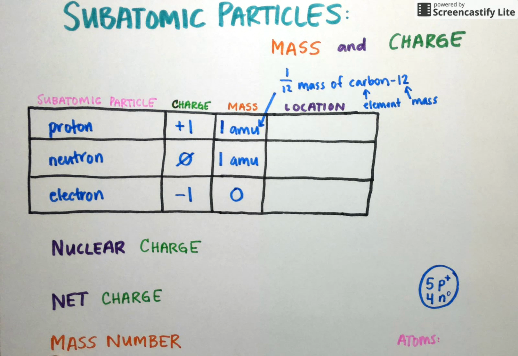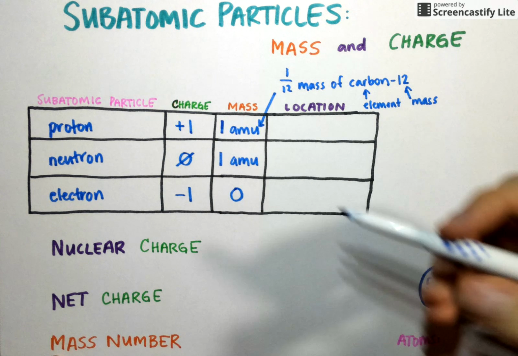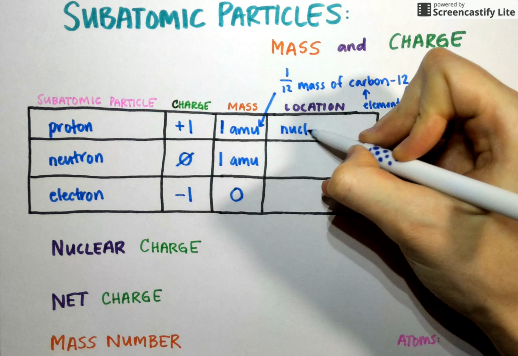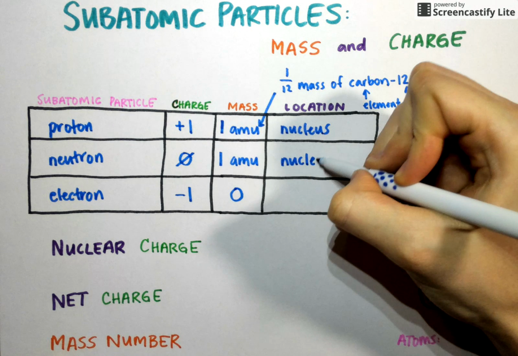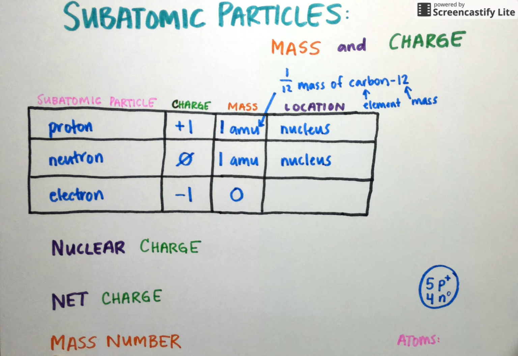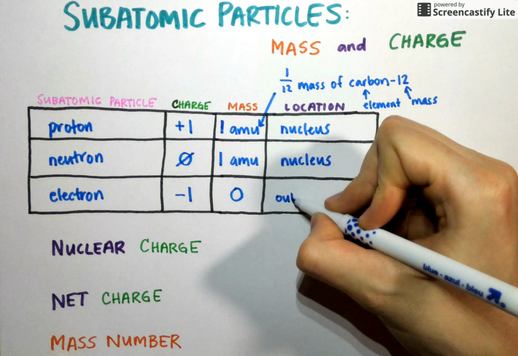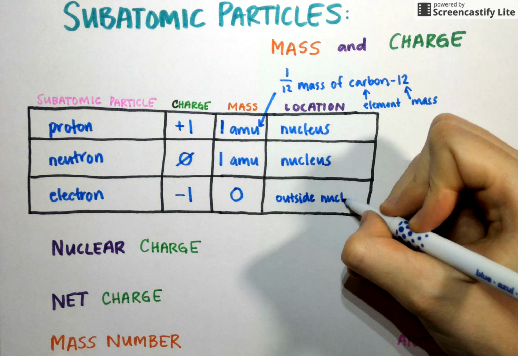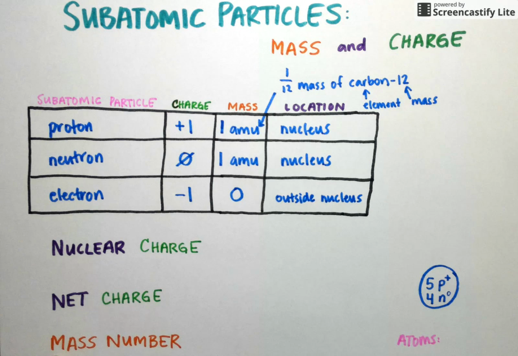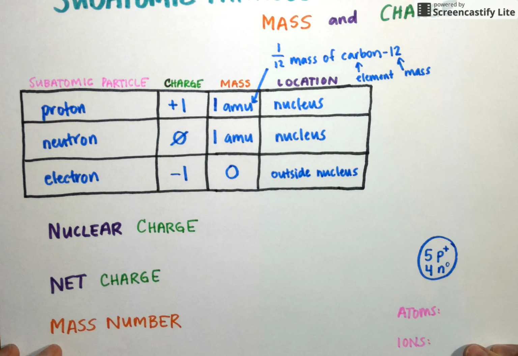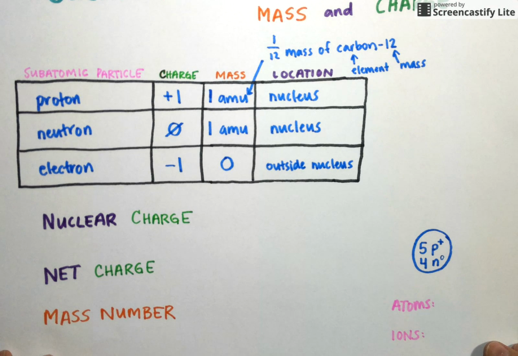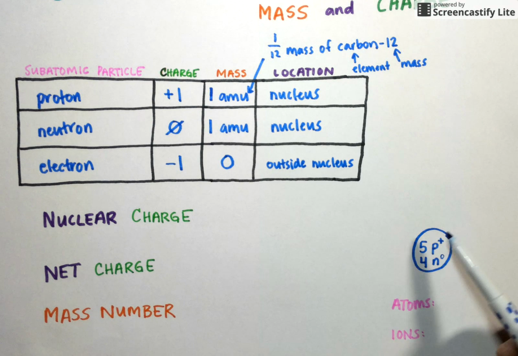This was a unit that was defined to help us discuss such small masses. And the AMU, whether it's worth discussing or not, is defined as 1/12 the mass of a carbon atom that has an overall mass of 12.